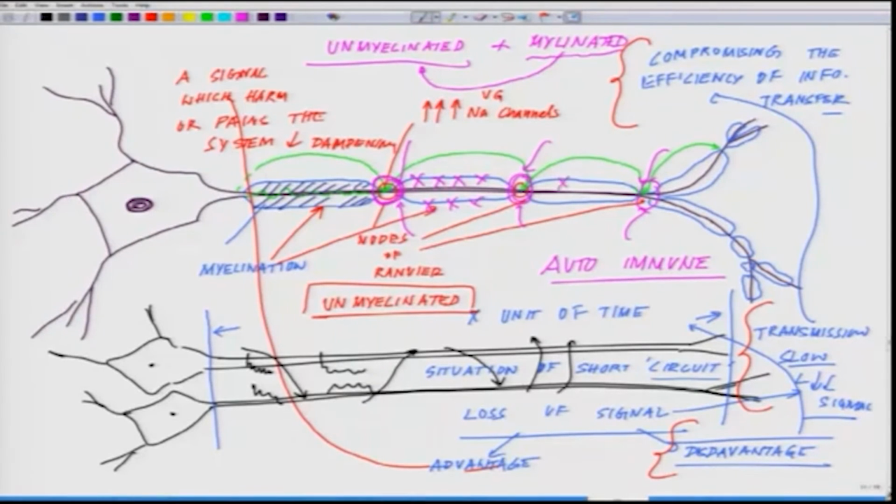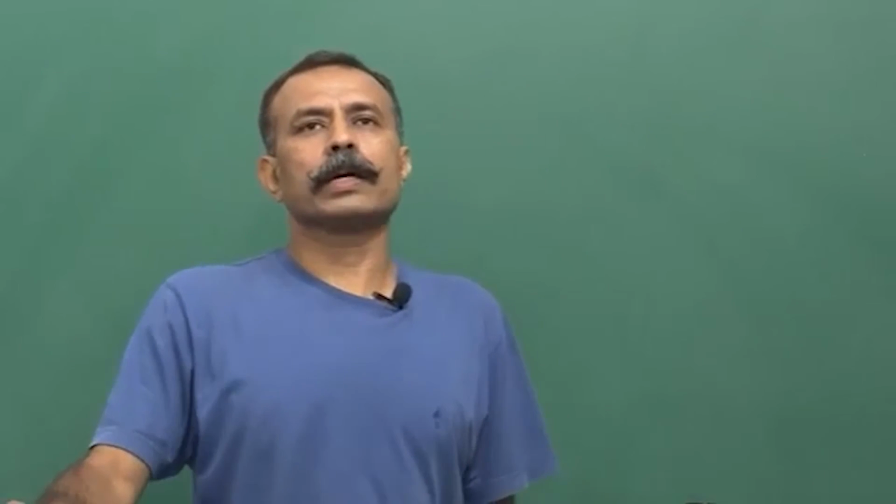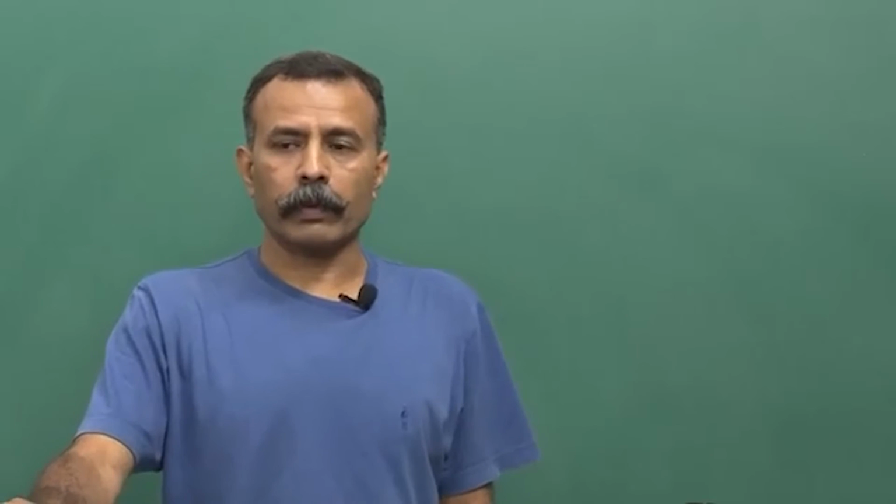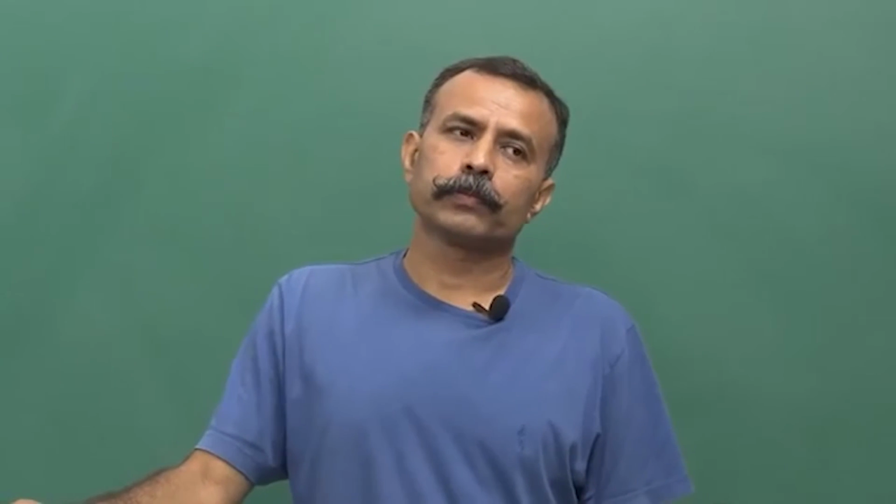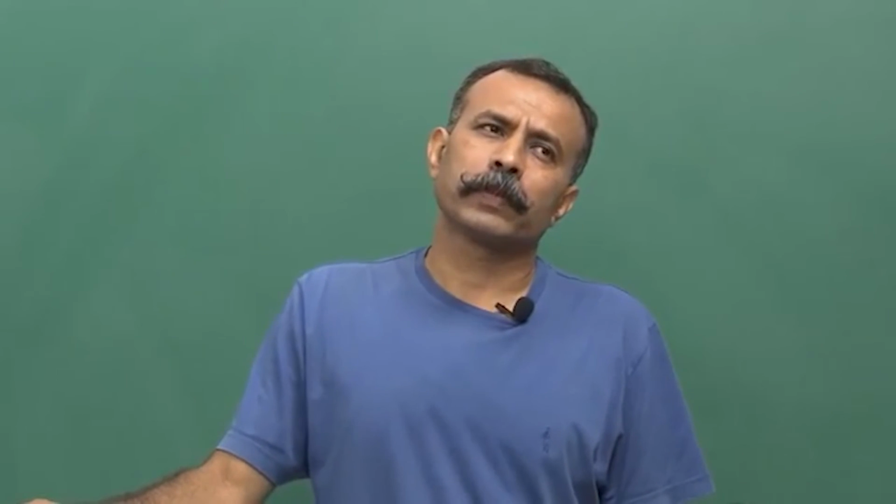This is the situation that happens in multiple sclerosis, where the insulation of the myelinated neuron is being compromised, which leads to severe problems.